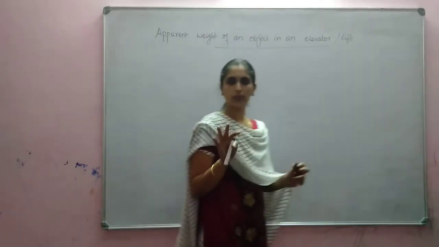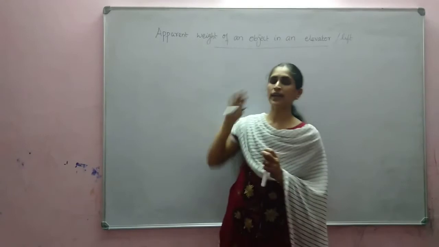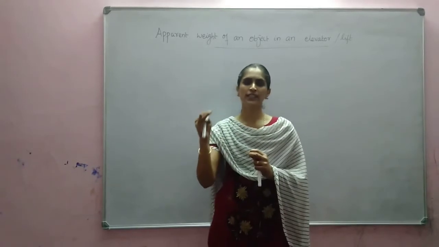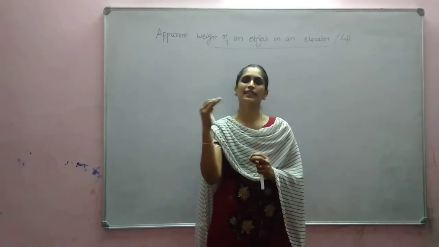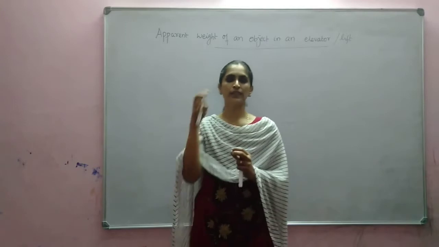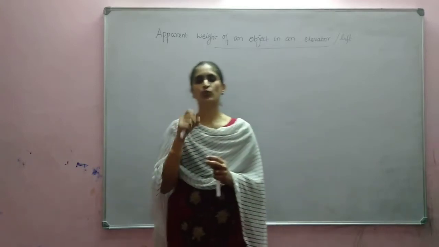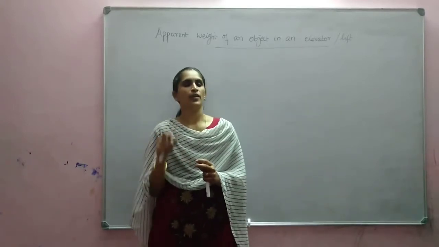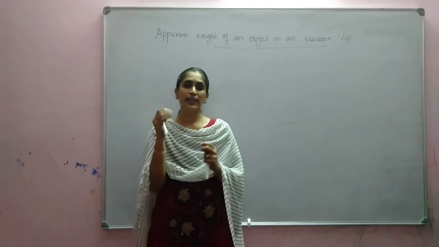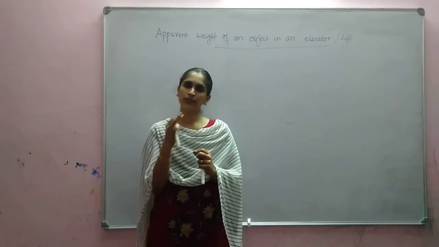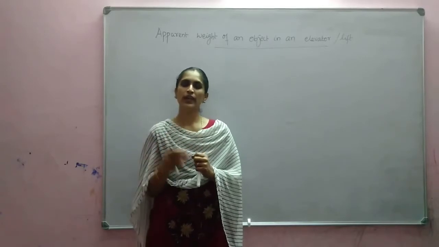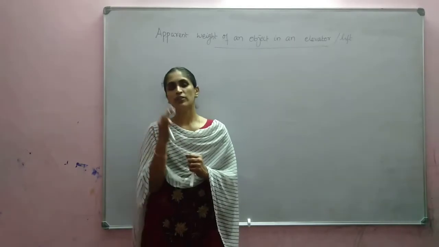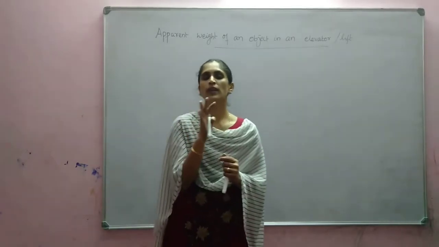Actual weight means the normal weight W itself, but apparent weight means, whenever that person is in the lift, what happens if he uses a weighing machine to weigh his weight? The actual weight will not be measured. It will measure the apparent weight, which is nothing but the normal reaction.